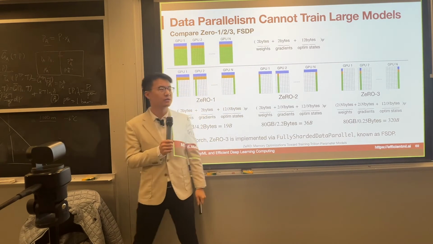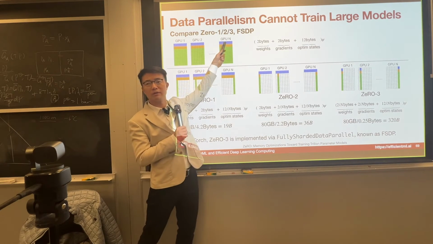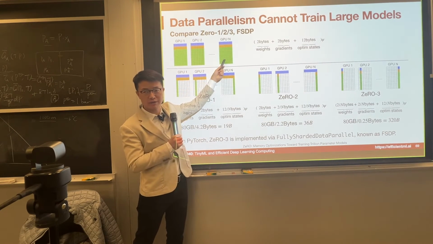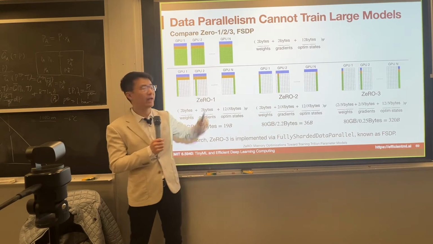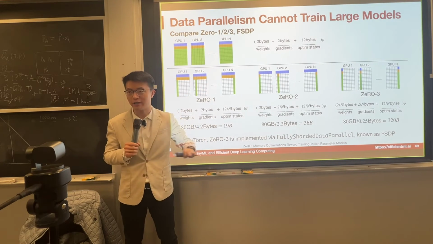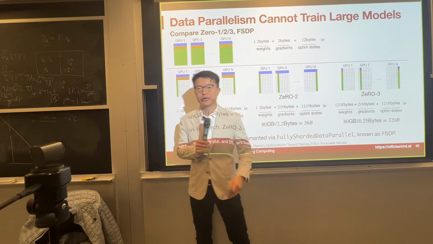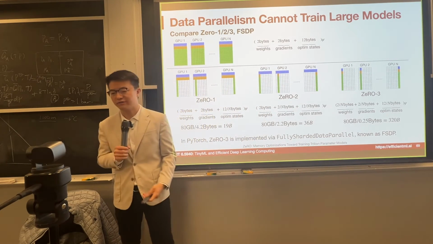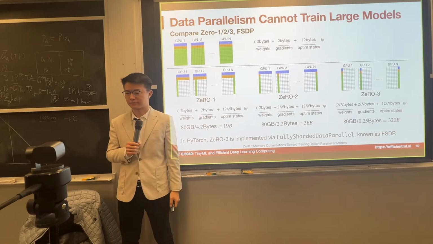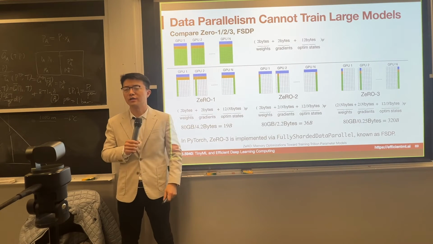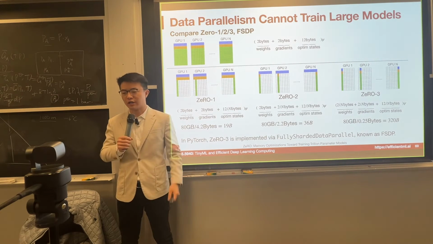Fully sharded means everything is sharded, not only the optimizer state, but also the gradient and the weight. This is very commonly used, very useful in training large language models.